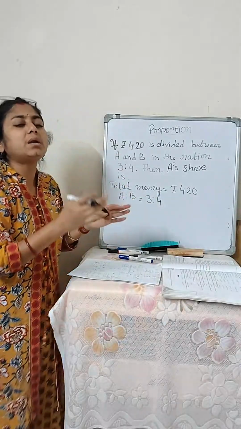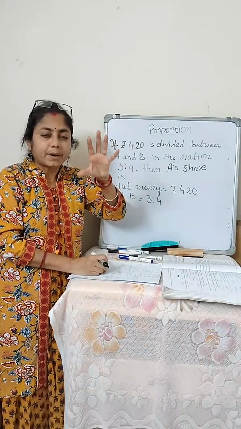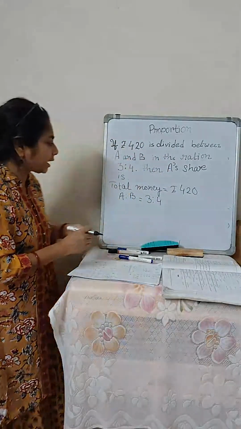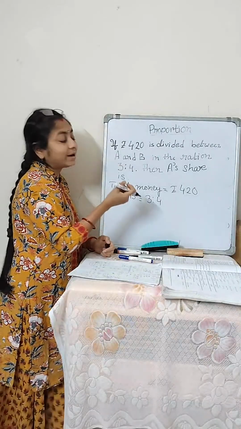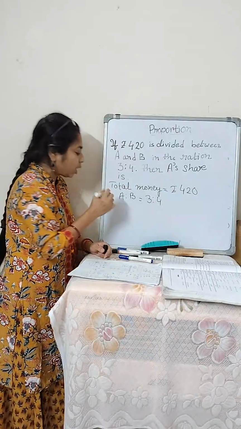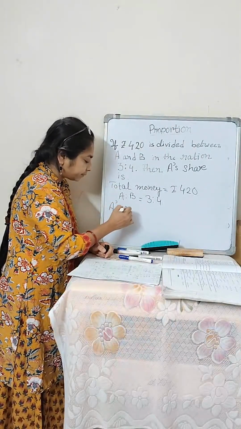Means of the total money, 3 parts go to A and 4 parts to B. But the question asks for A's share, not B's, so you write A's share.